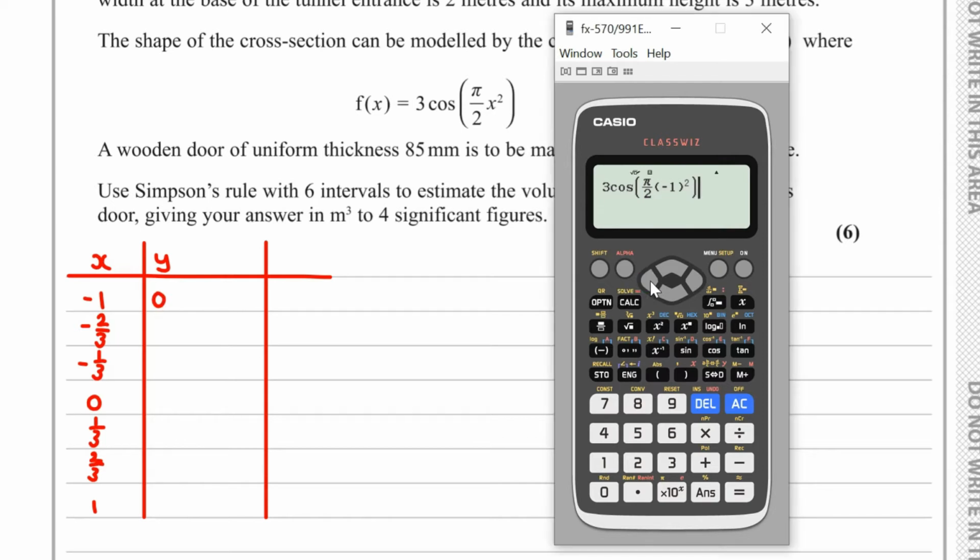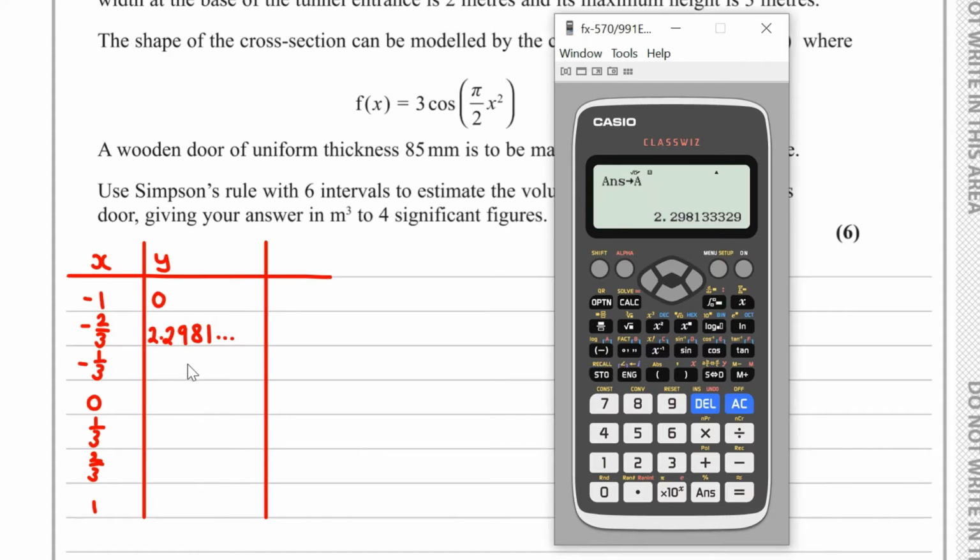For the next value, we have -2/3 to substitute in. It turns out here we get 2.2981, etc. Now let's store this into A.